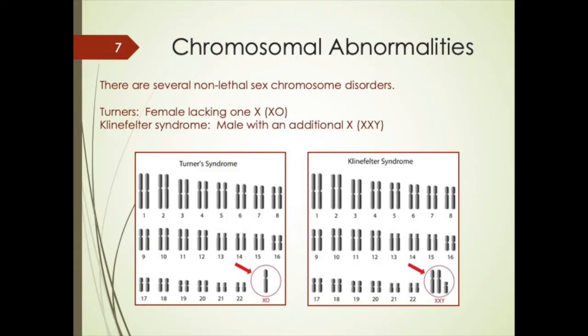There are several non-lethal chromosome disorders. Usually these occur in the 23rd set. So Turner syndrome, this is where a female lacks one X chromosome. This is called XO.